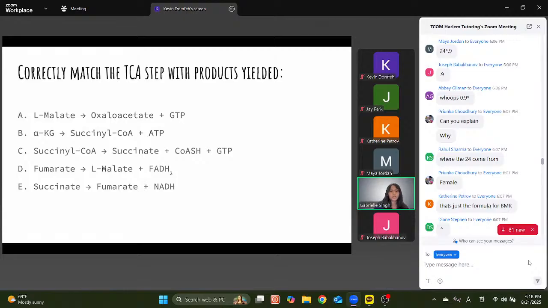Yes, you have the metabolic map on the exam. Okay, I'm seeing a lot of C. Yeah, you won't get lost in the sauce. You'll be fine. So yeah, C is correct. This is just going through the entire TCA. If you go to the next slide, it'll better describe it.